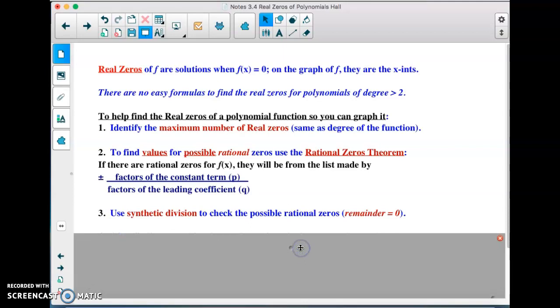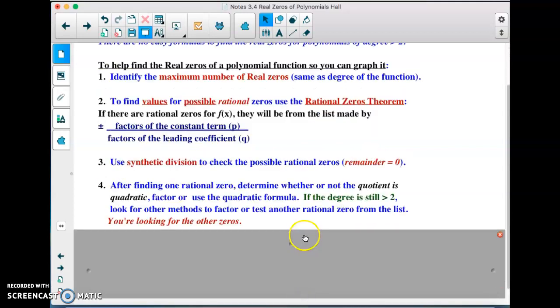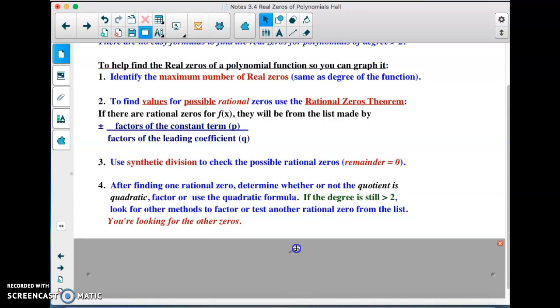Number 3, use synthetic division to test the possible rational zeros. Remember, as you learned in 3.2, if the remainder comes out to equal 0 using synthetic division, you know that it's a rational zero. If there's a remainder other than 0, then it's not a rational zero. Number 4, after finding one rational zero, determine whether or not the quotient is quadratic.